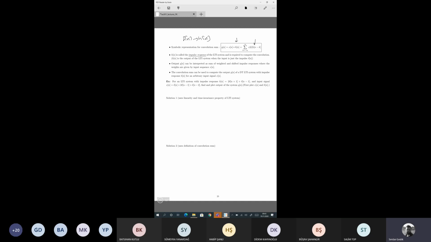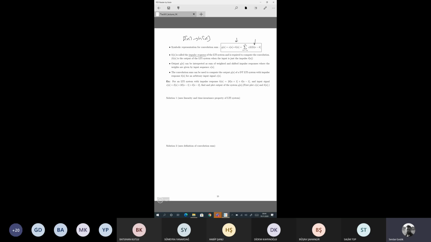By using the relationship that I have already shown, you can find the output y of n as the weighted and shifted impulse responses. This is due to the fact that x of n is nothing but scaled and shifted impulses. So in short, given any x of n, if you know the impulse response h of n, you can find the corresponding y of n easily.